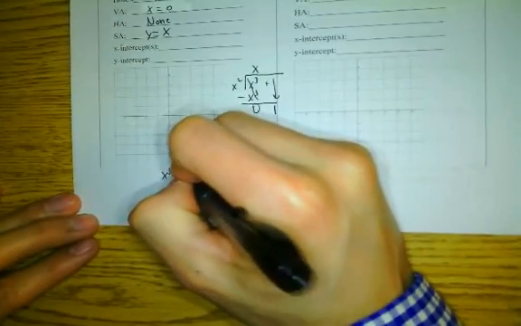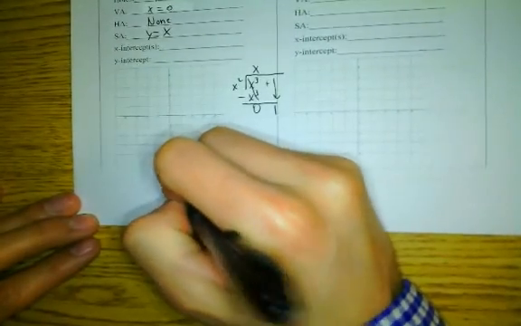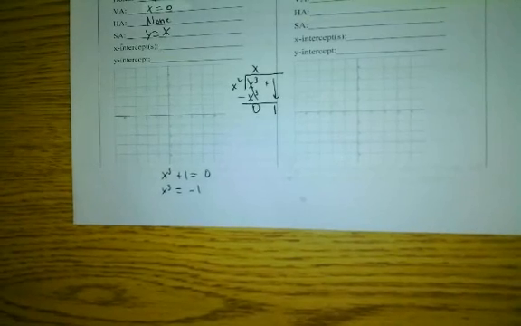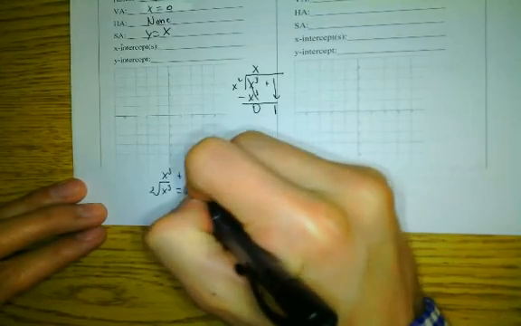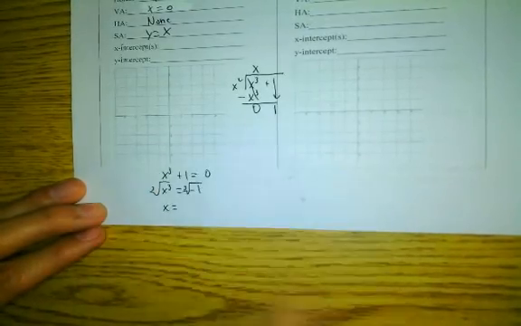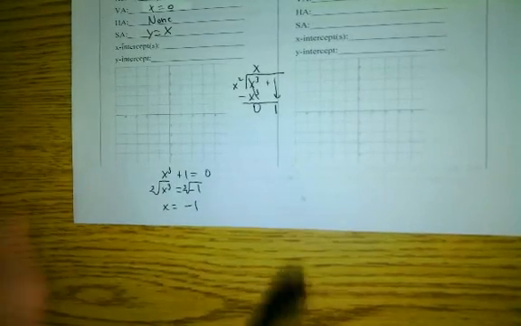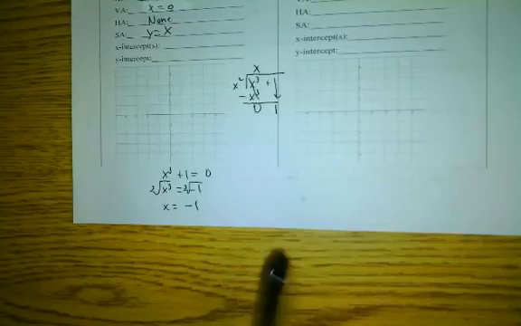Alright, so let's plot what we know. We know that we have a vertical asymptote at x equals 0. We know that we have a slant asymptote at y equals x. Well, you should know that this is the parent function, and it goes something as such. We know that we have an x-intercept at (negative 1, 0). Correct? Alright.